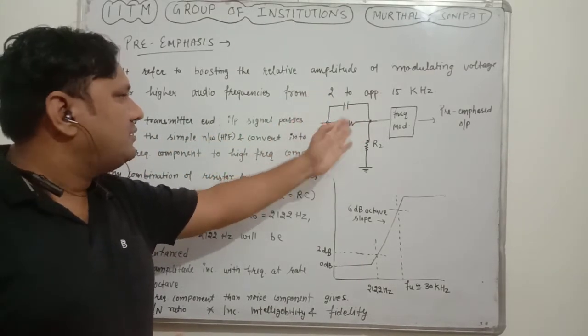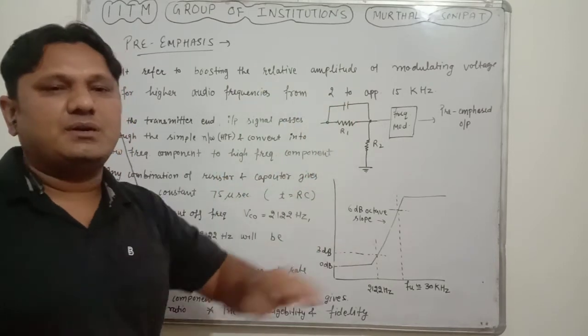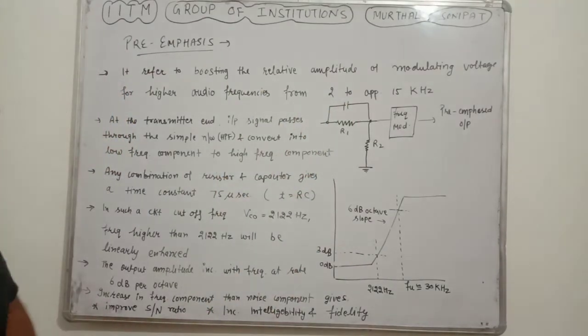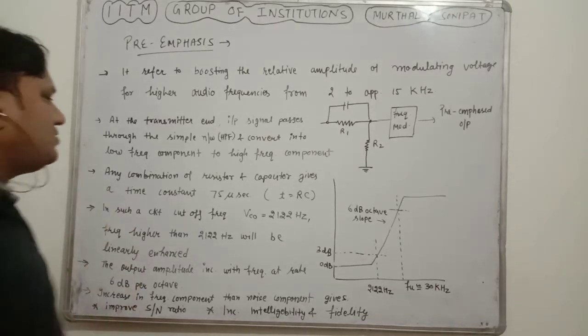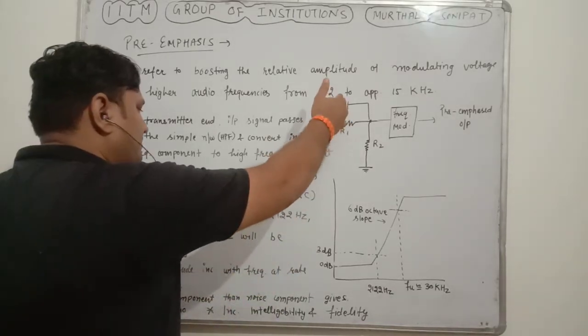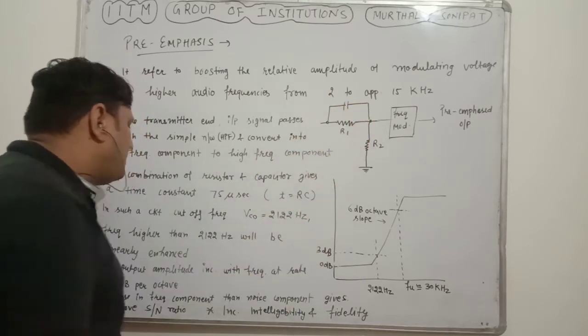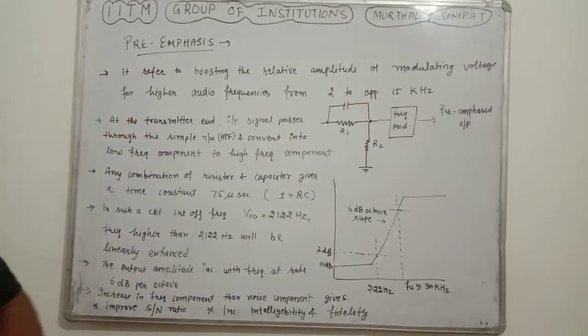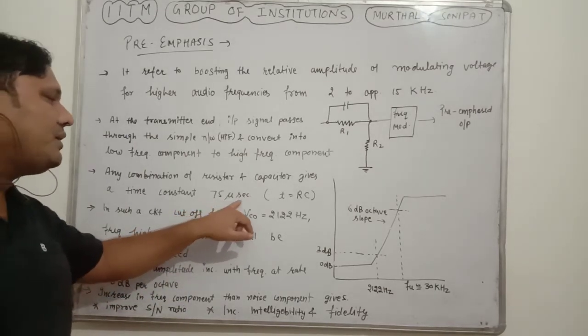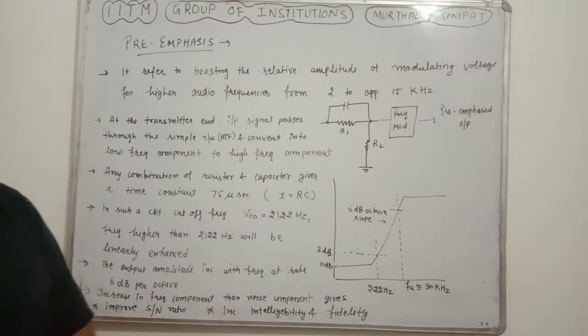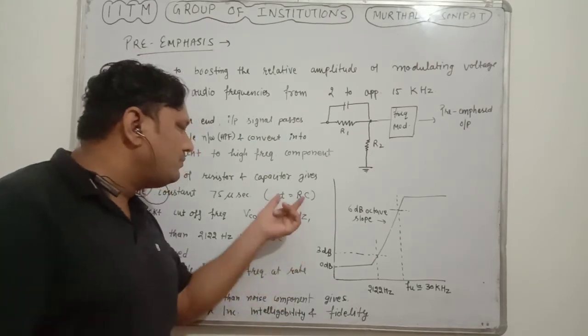Any combination of resistor and capacitor gives a time constant of 75 microseconds, where the time constant t is equal to RC. R is your resistance and C is your capacitance.